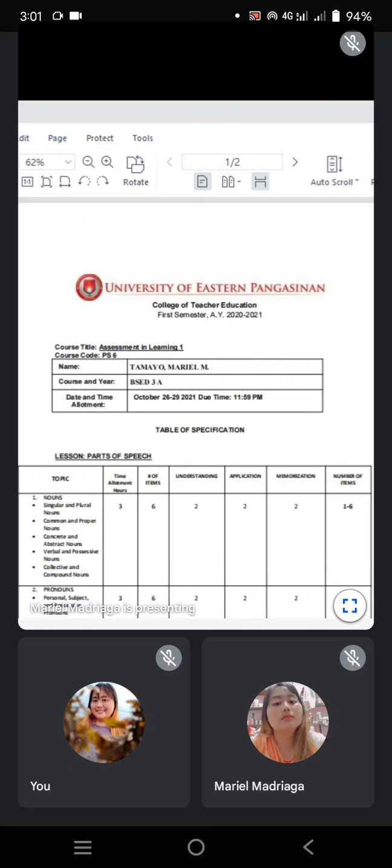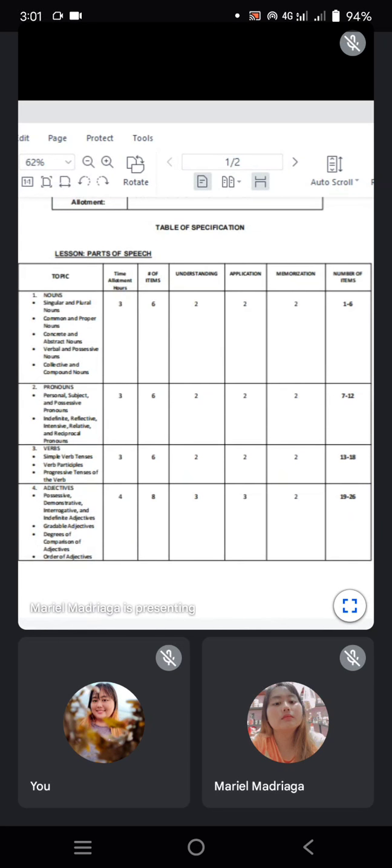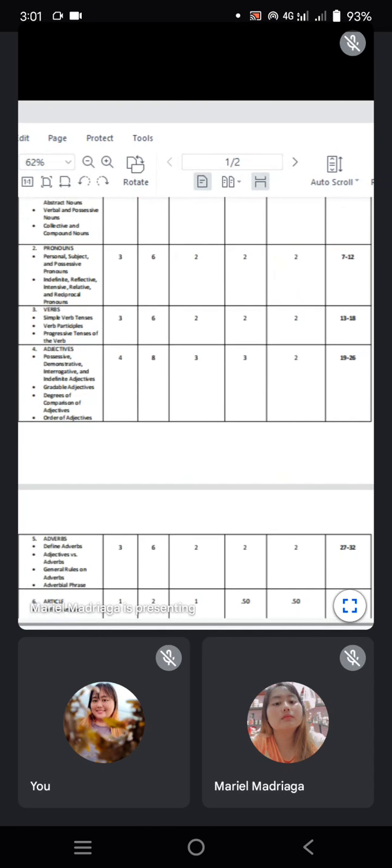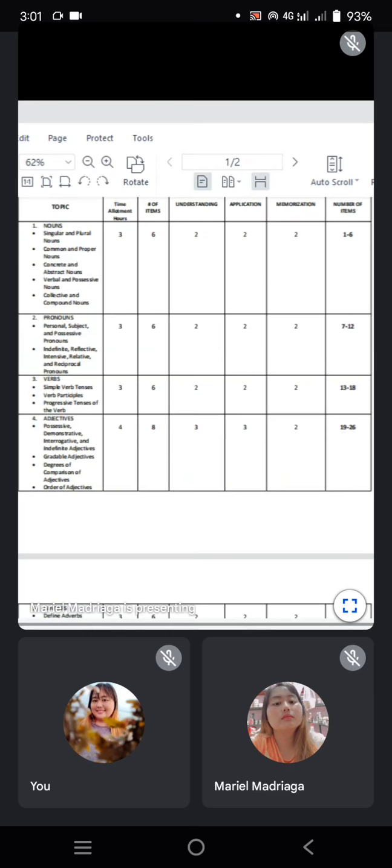I have included here the topics, which are the nouns, pronouns, verbs, adjectives, adverbs, article, conjunction, prepositions, and interjections. So I have a total of 9 topics here.